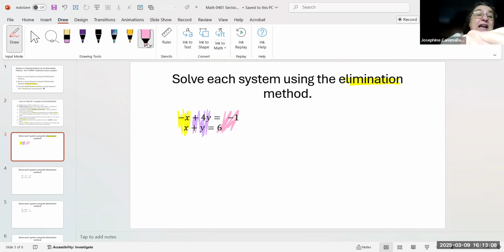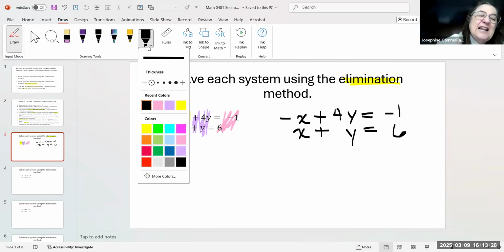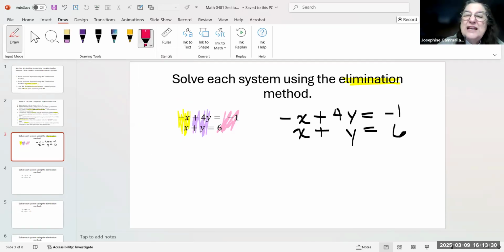Now, some people actually like to write it a little bit more perfect, which is this, plus 4y, y equals -16. These are the columns I'm talking about. This is my yellow column. This is my purple column. This is my pink column.